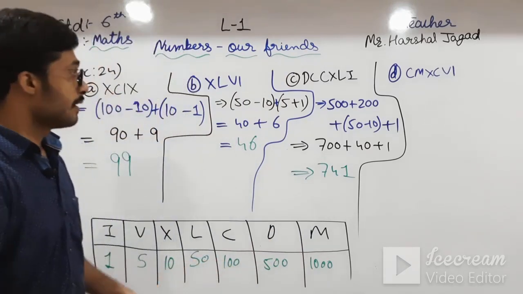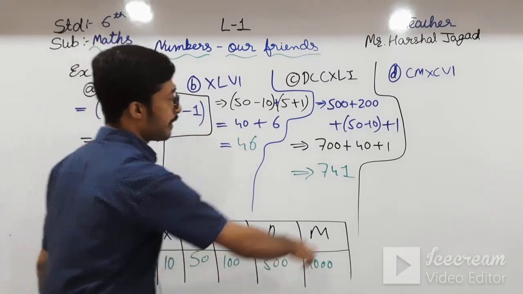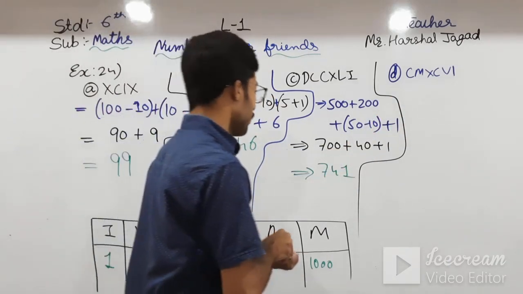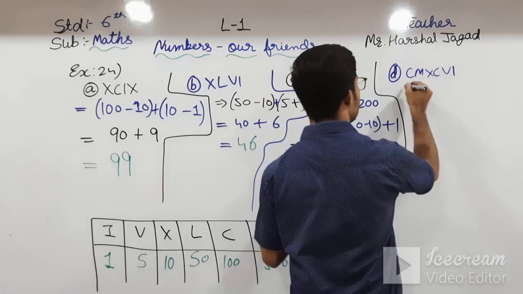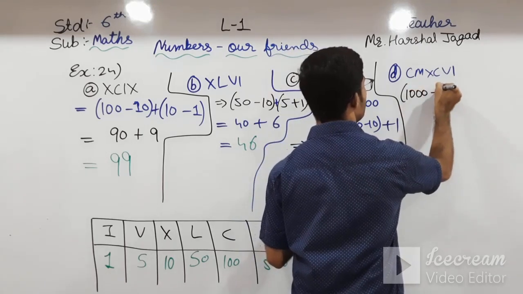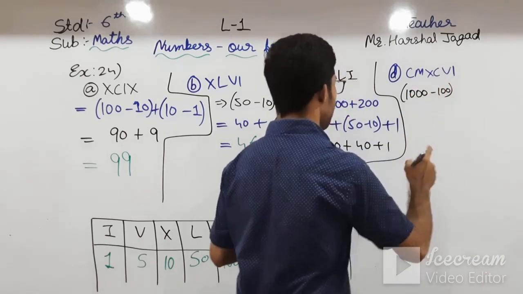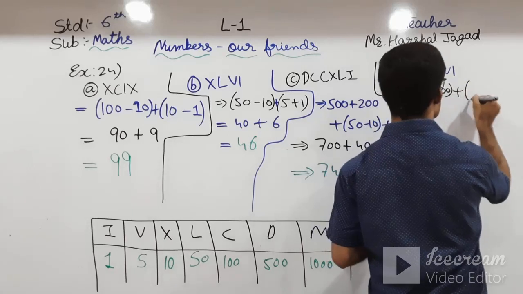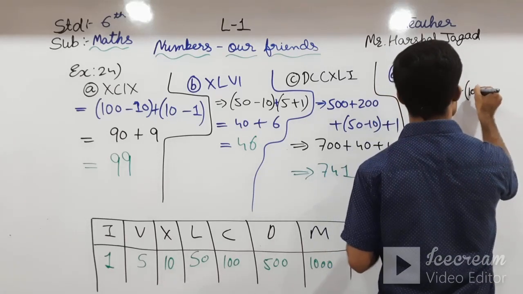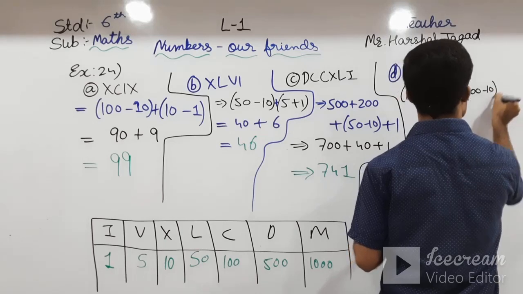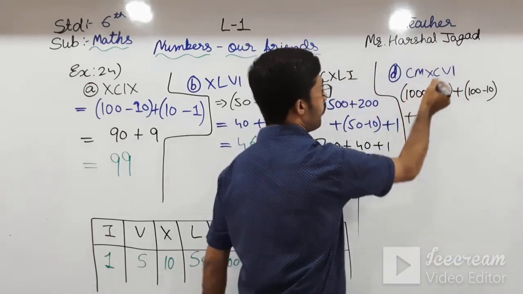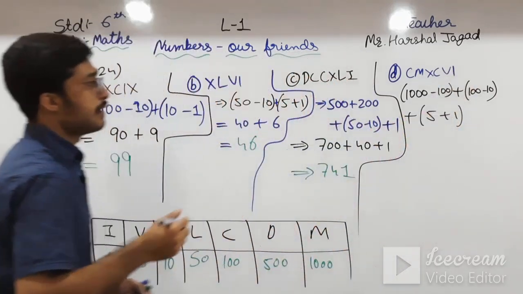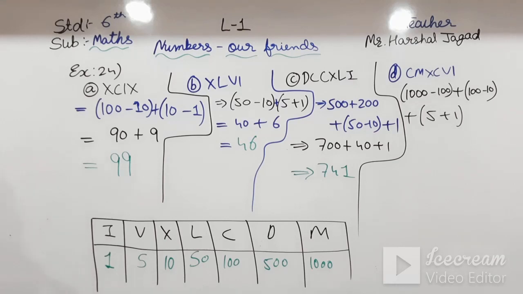And the last one, CM. Here M is greater and C is smaller, so M minus C, 1000 minus 100. Then XC: C is greater and X is smaller, so 100 minus 10. Then plus 5 plus 1, because V is greater and I is smaller.